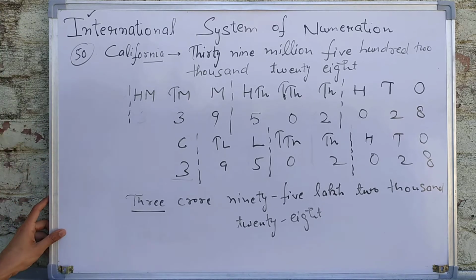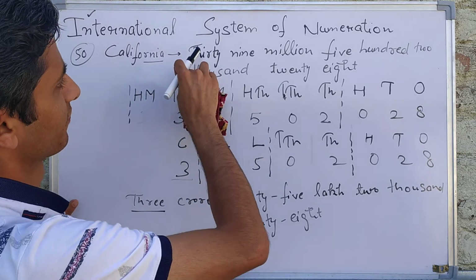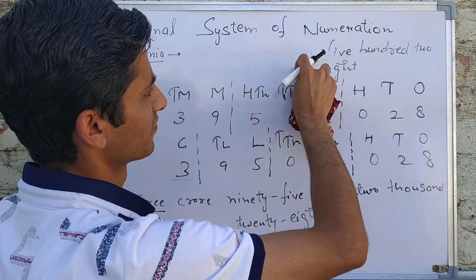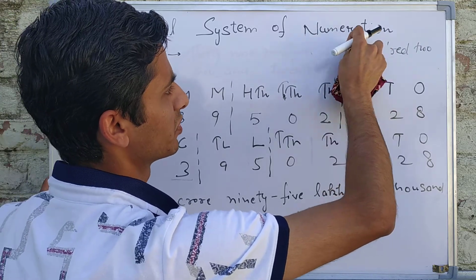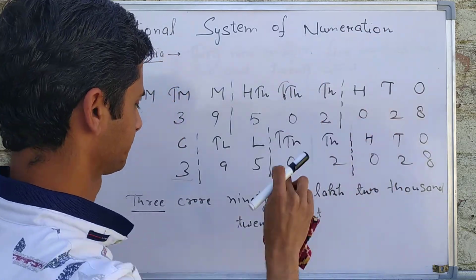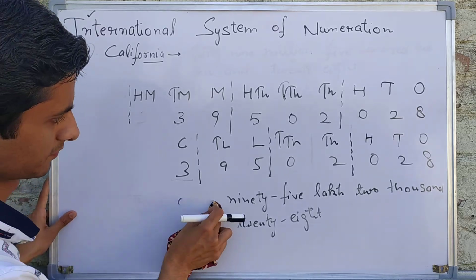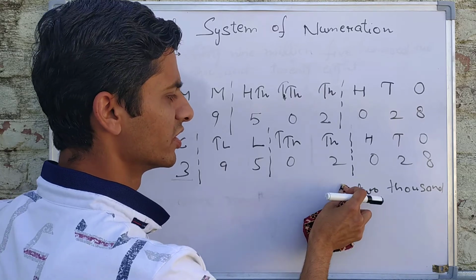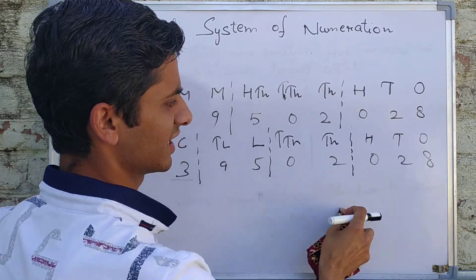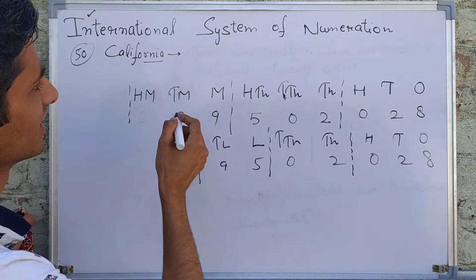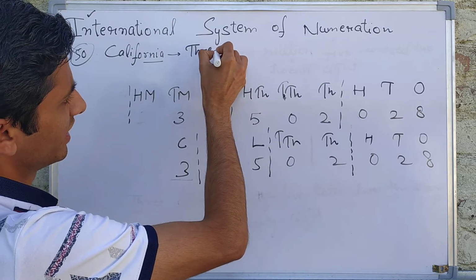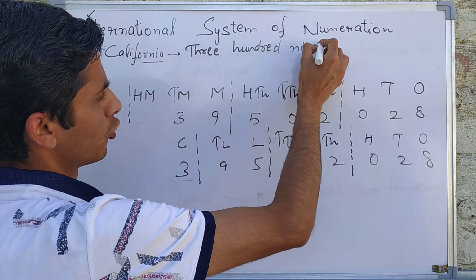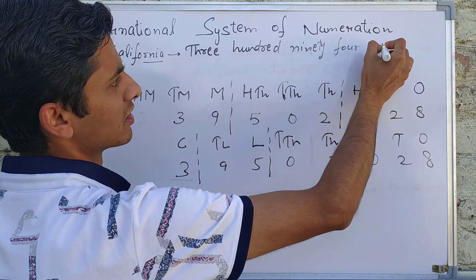Let us take one more example and take the population of the entire USA. If you ask them, okay, what is the population of USA, then they might say that the population of USA is 394 million.